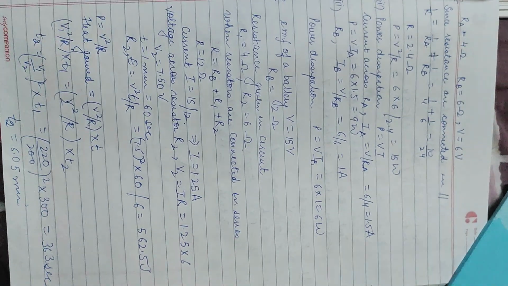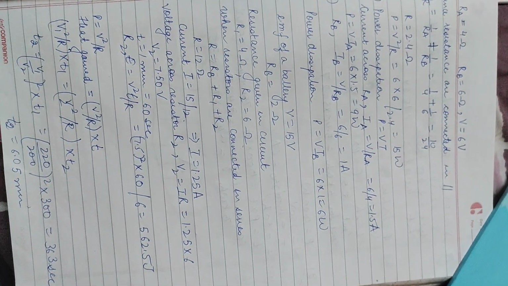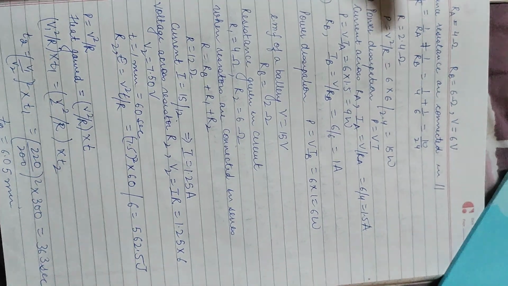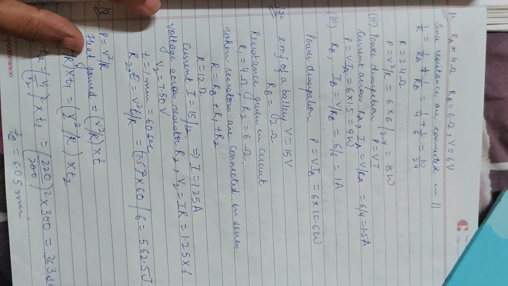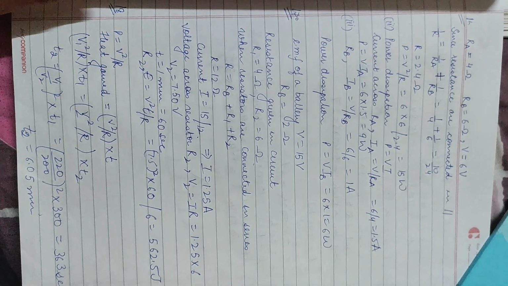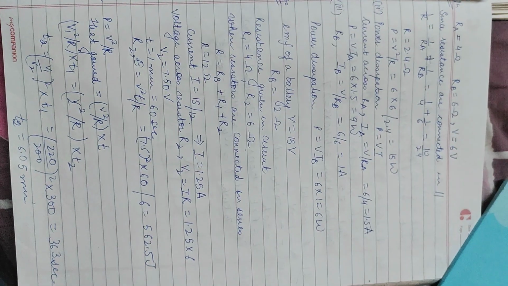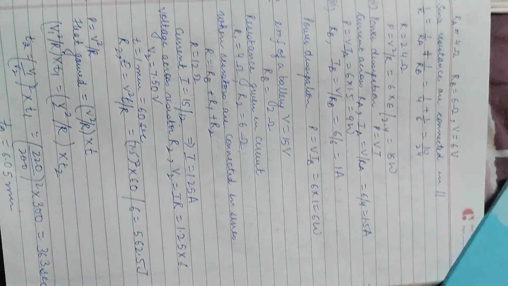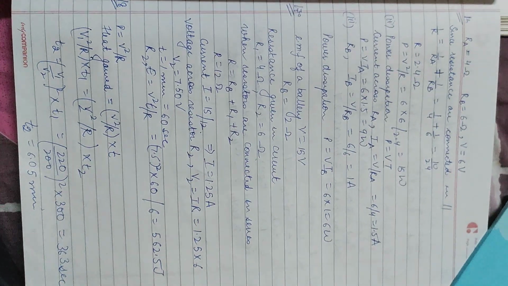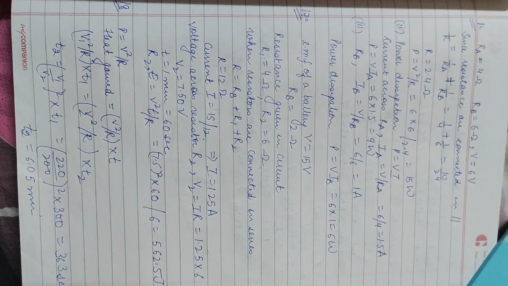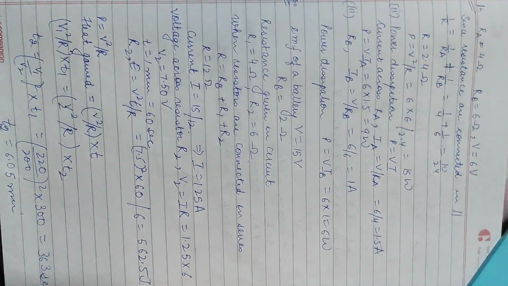Separately we have calculated the powers in both the cases, as current is IA and IB according to the resistance RA and RB, because in parallel we know that current splits, so we calculated separately for both the parts.